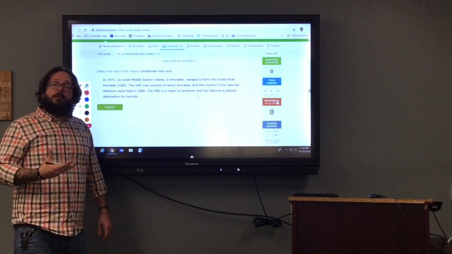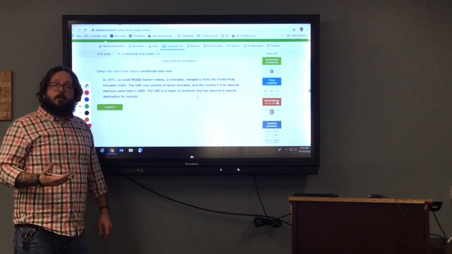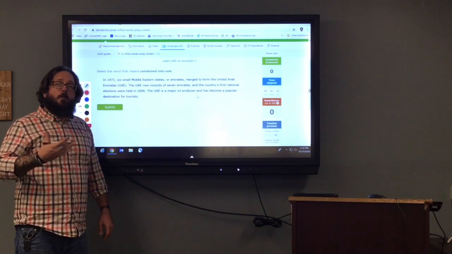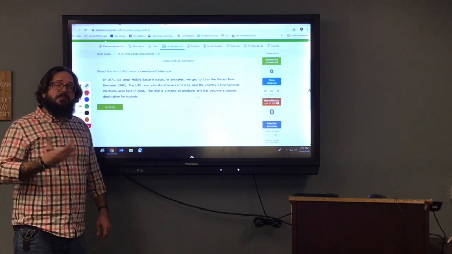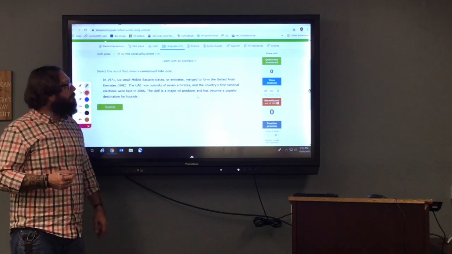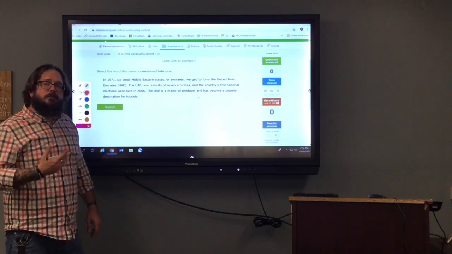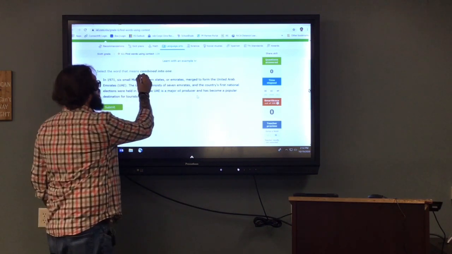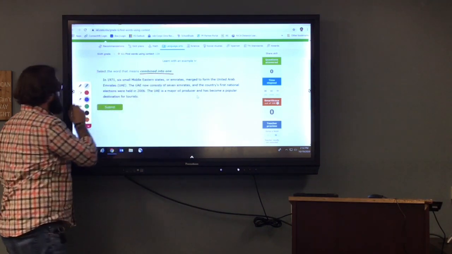Let's work through a couple of examples from iExcel where we are given the meaning and we need to determine what word matches that meaning based on the context from the passage. In this case, we want to find the word that means combined into one.